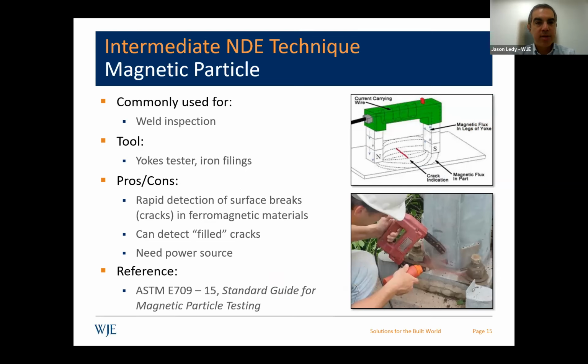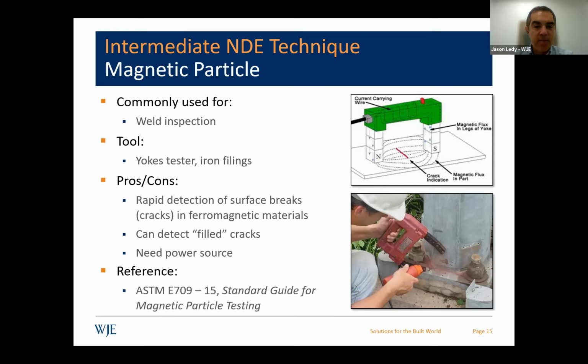Now, getting into steel, you may be familiar with magnetic particle testing. It's often used to look at the conditions of welds, to inspect the welds. Iron filings are placed on the surface, and then this device is applied to the surface, and the iron filings are drawn to deficiencies and cracks, and it can detect those.